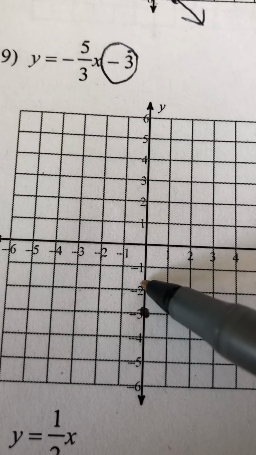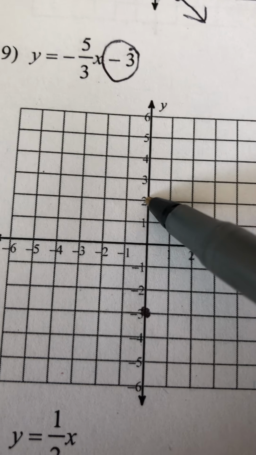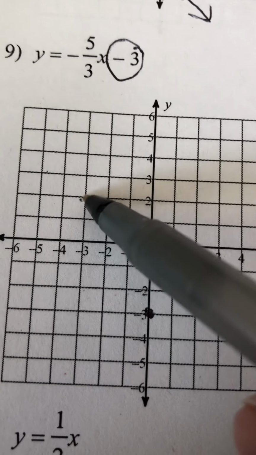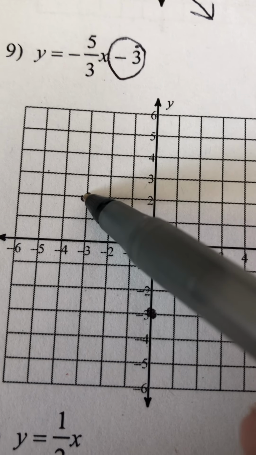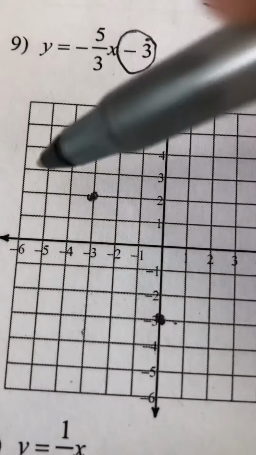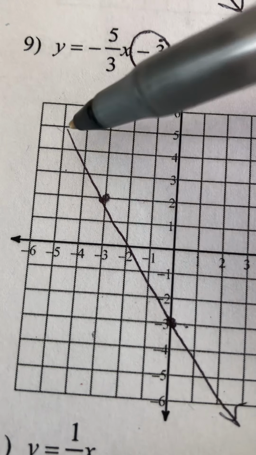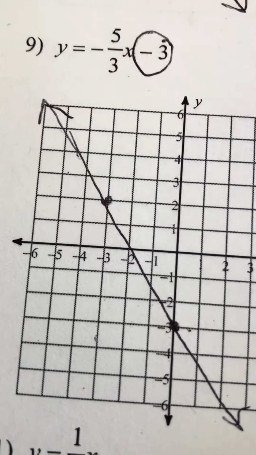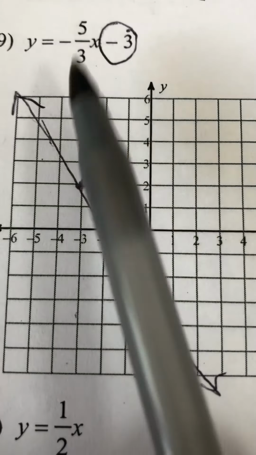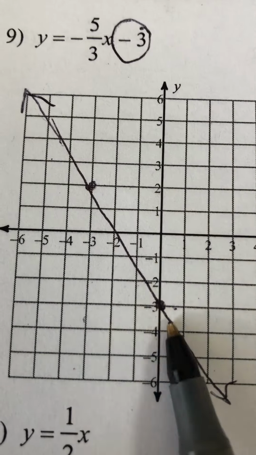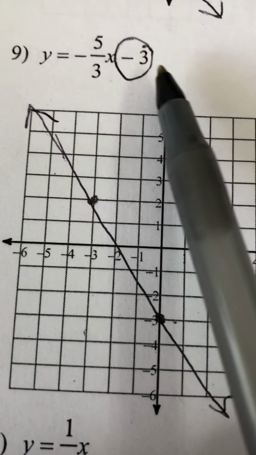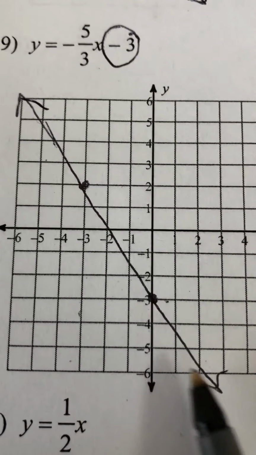So I'm going to go up 5, 1, 2, 3, 4, 5, and back 3, 1, 2, 3, so that from this point, I'm going down 5 over 3. Okay, so from point to point, down 5 over 3 is my slope, and it's going through the y-axis at -3.